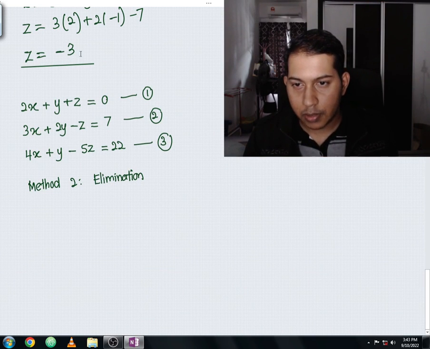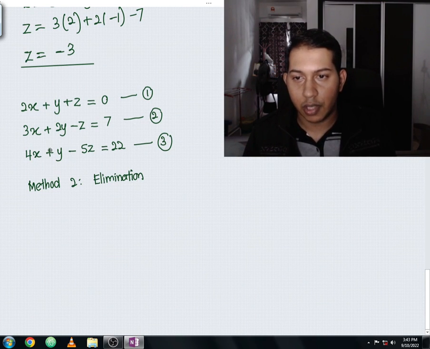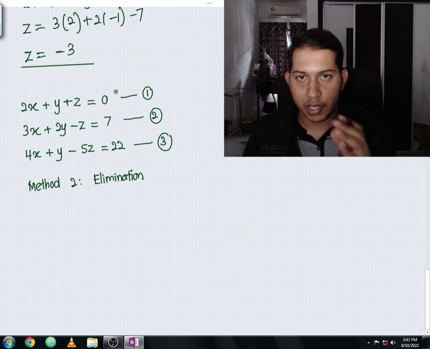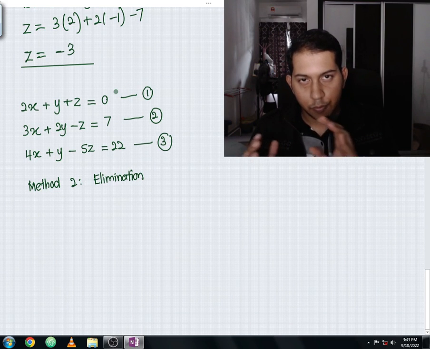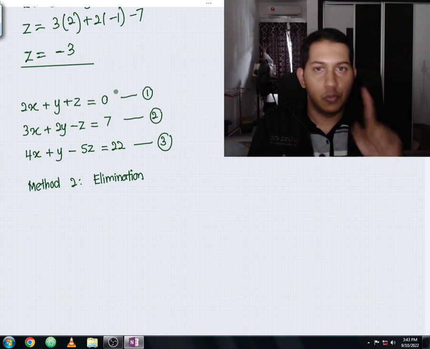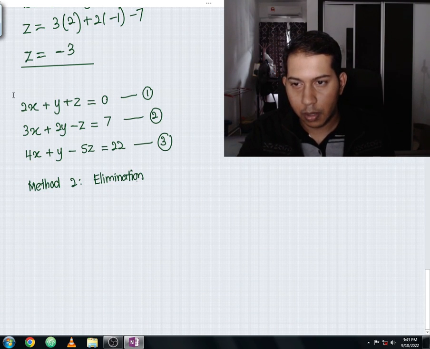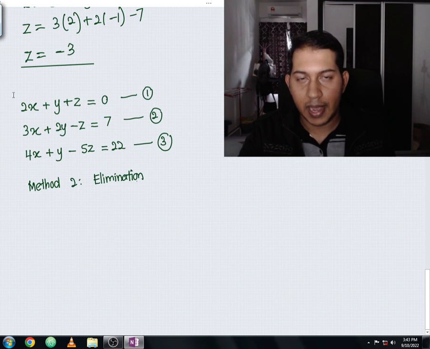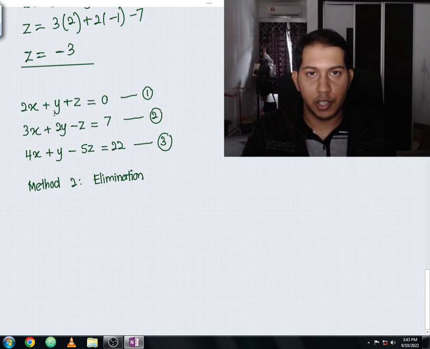So let us discuss how we can use the elimination method in order to solve this system of linear equations in 3 variables. The concept is almost the same as the substitution method. From 3 variables you reduce to 2 variables, and from 2 variables you reduce to 1 variable. So in order for you to perform elimination, you need to choose 2 equations. Which equations do you want to choose?